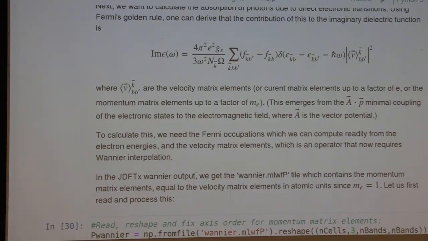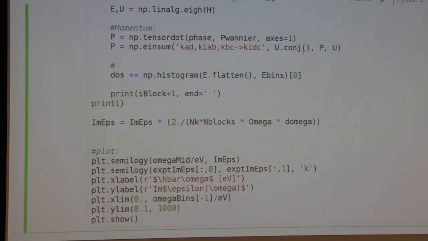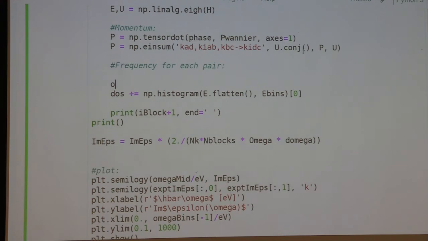So now I have these matrix elements that at each k are giving me two bands. So I need to do the same thing with the energy difference. So first, I'm going to do the frequency for each pair. So I'm going to have an omega, remember h bar is 1, which gives me the energy for each k point, for the first band with a dummy index there, and I'm going to take the energy difference against that.